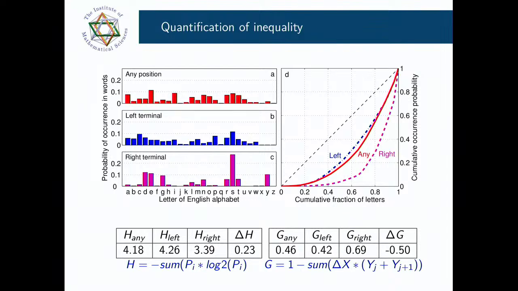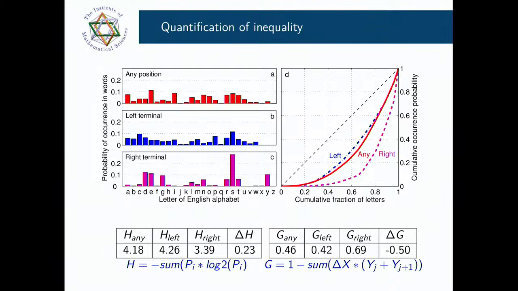So always the start entropy is higher, end entropy is lower. And you can make a single quantification. If you just do the left minus right, you can get some number. If left minus right is positive, it means the left is higher.